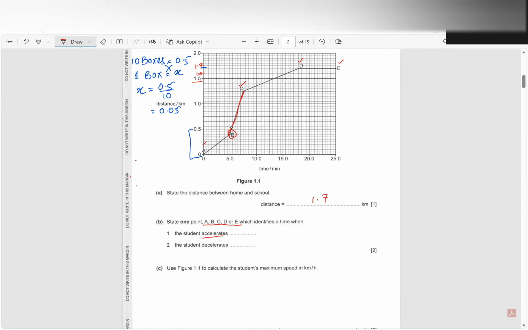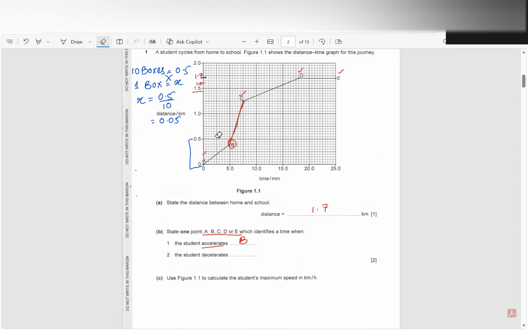In other words, speed starts to increase. So where exactly the student starts to accelerate, we're going to say at point B, because that is where we can see the slope is increasing. Therefore, the speed is going to increase. Therefore, the student is accelerating.